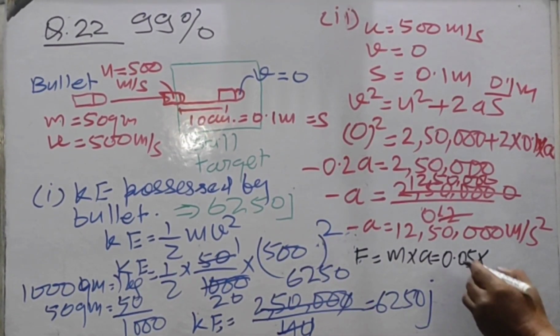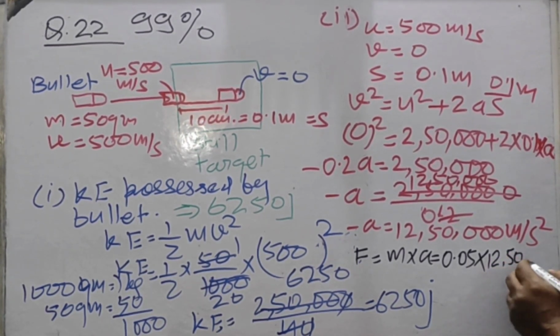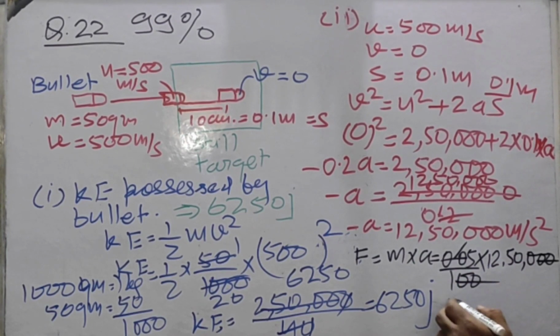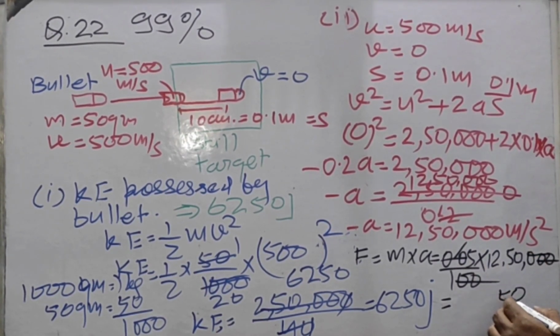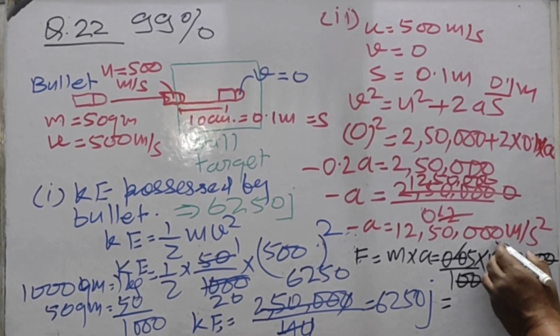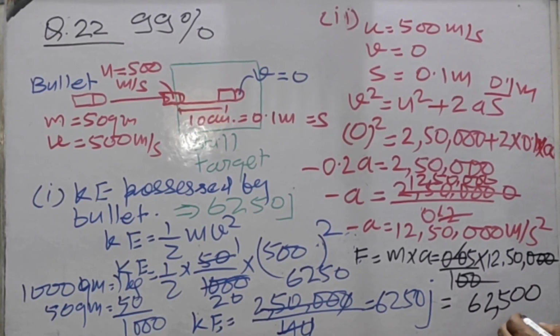Acceleration is 12,50,000. You have removed the decimal from here, taken 100, these two zeros are gone. Multiplying, we get 62,500 Newton.